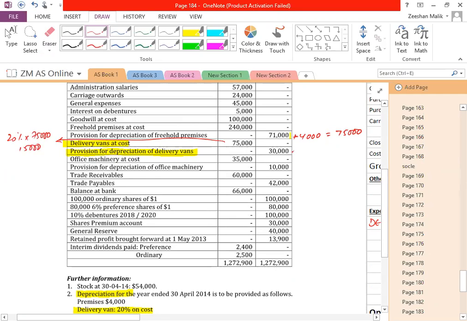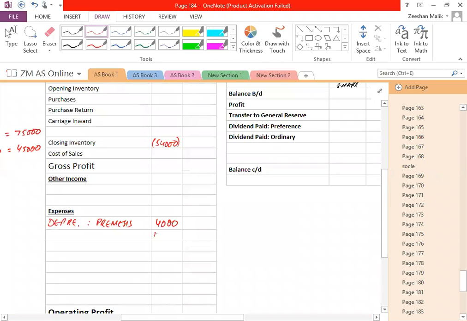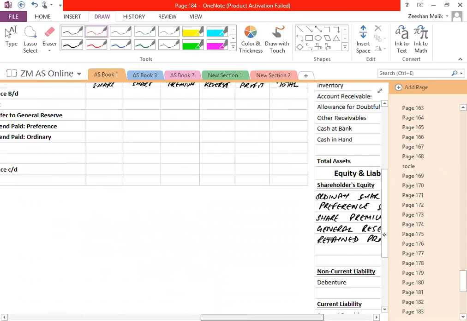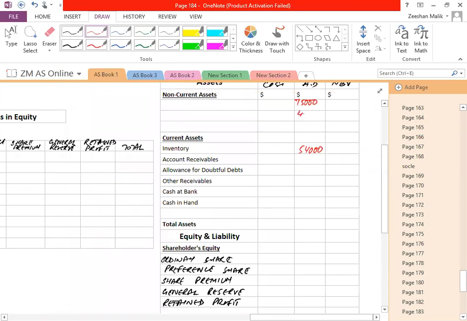But for the statement of financial position, you need to add the old depreciation to make the total depreciation. Make it clear, my dears. 15,000 is this year's expense for the delivery van, and for the statement of financial position, it should be 45,000. This is the delivery van, and that was premises.